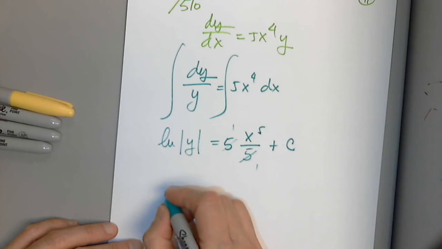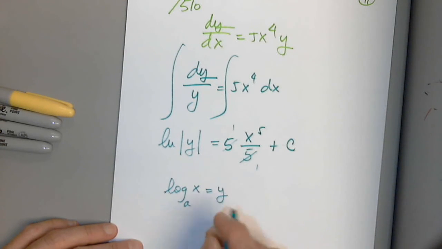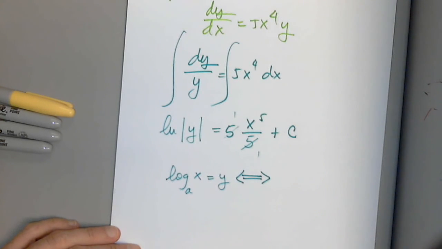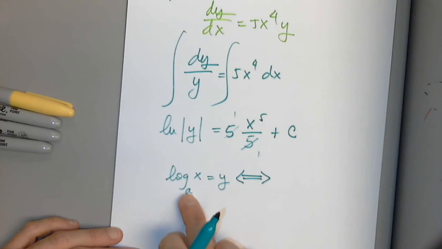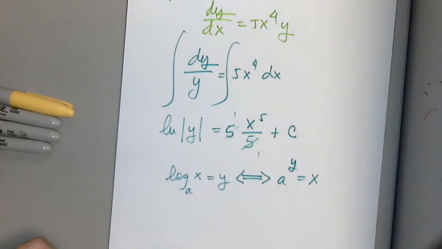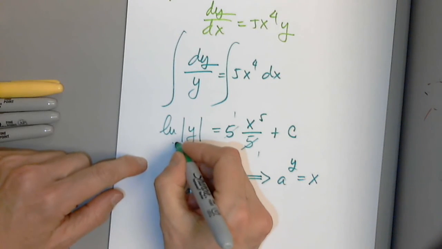Let me refresh your memory. Log base a of x is y can be changed into an exponential equation as a raised to y equals x. I don't want to rush through this. I know I only have 1 minute, but we'll probably have to redo this problem on Tuesday. So the base here is e.